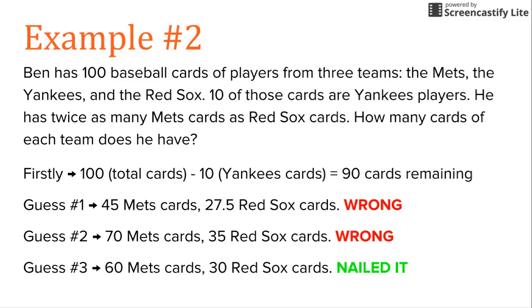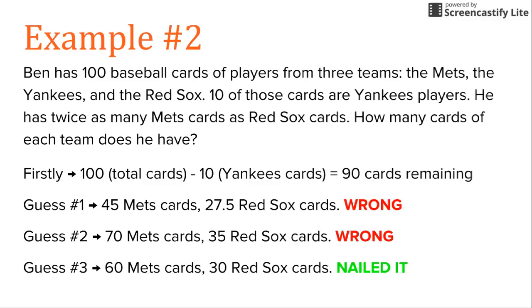The first part, you don't have to do any guessing and checking at all. They tell you straight out. 100 total cards minus 10, because those are the 10 Yankees cards Ben has, equal 90 cards remaining. So from the 90 cards remaining, we have to figure out how many Mets cards Ben has and how many Red Sox cards he has.